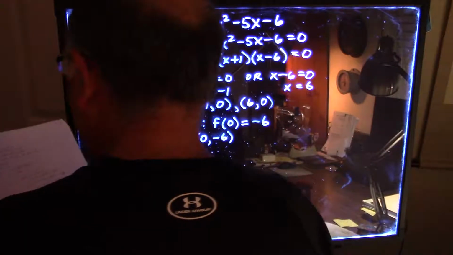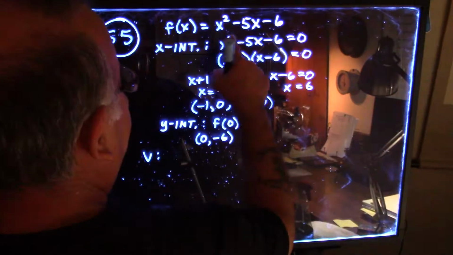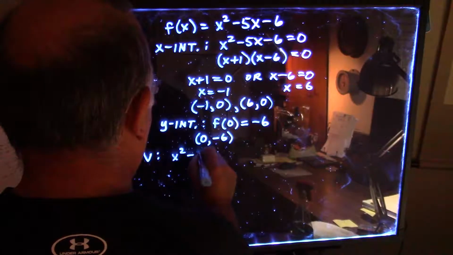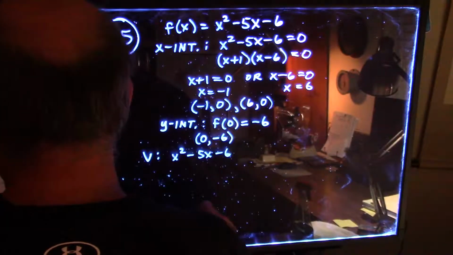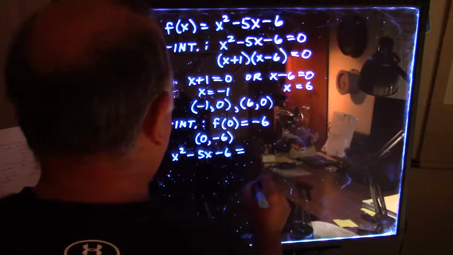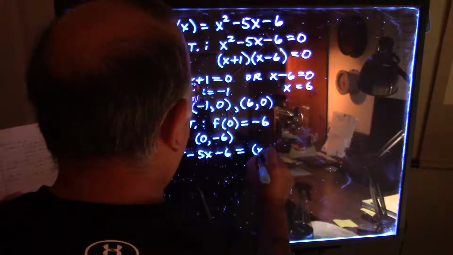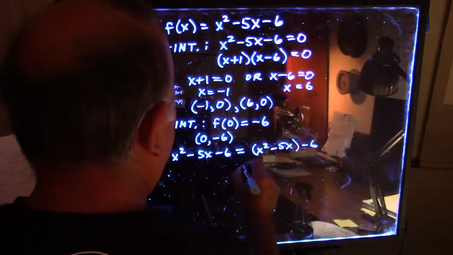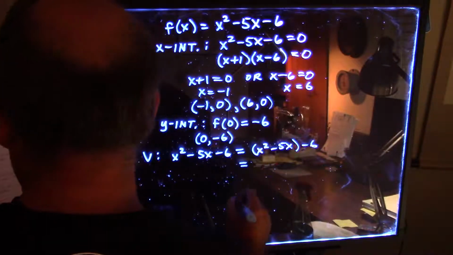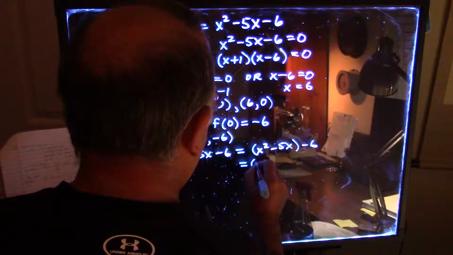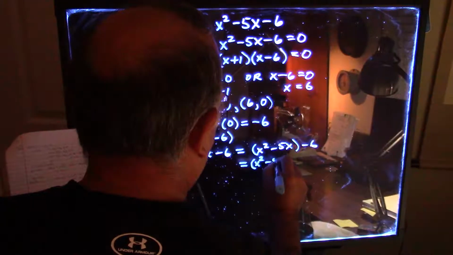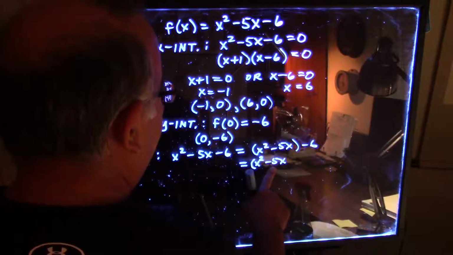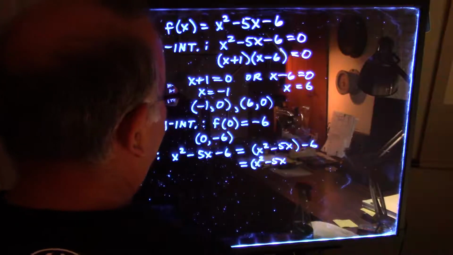Call it v. We'll complete the square on x squared minus 5x minus 6. So x squared minus 5x minus 6 equals, grouping the x squared and x terms using associativity, x squared minus 5x. Take half the coefficient of x, that's 5 halves. Square that, that's 25 fourths.